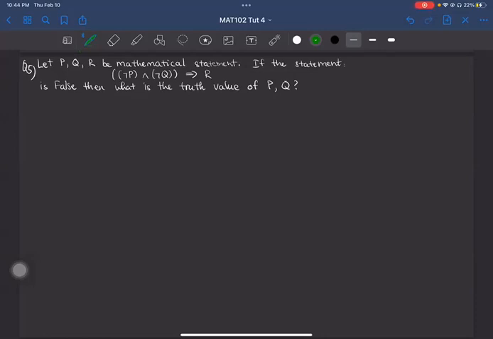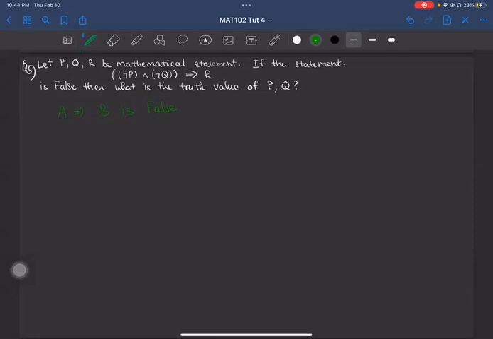I will start solving this. If the statement not P and not Q implies R is false, then what is the truth value of P and Q? So we have A implies B is false. There's only one way to make the implication false, right? Because if you look at the implication truth table, there are 3 rows of true and 1 row of false.